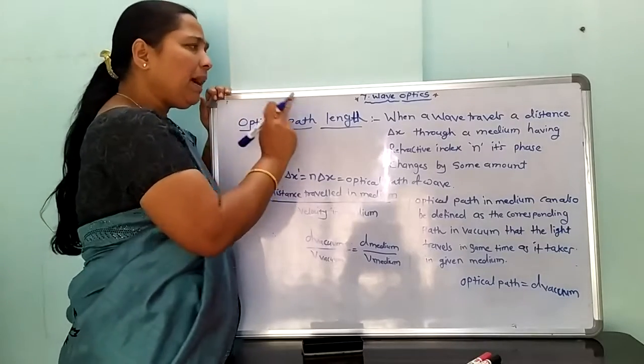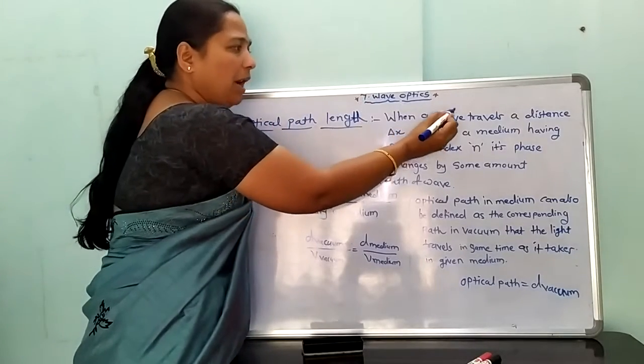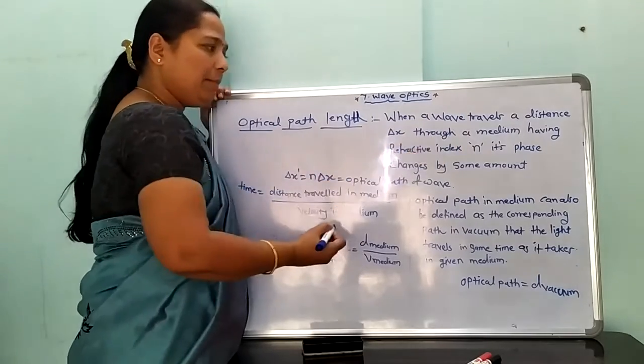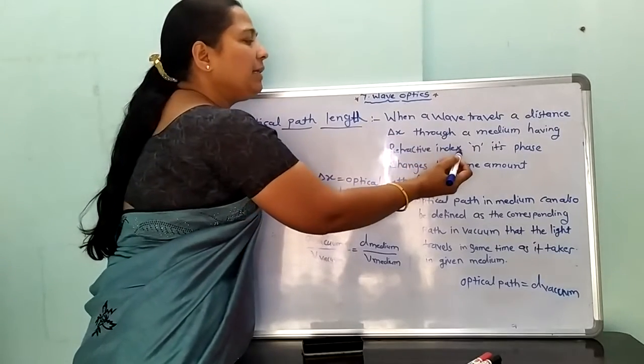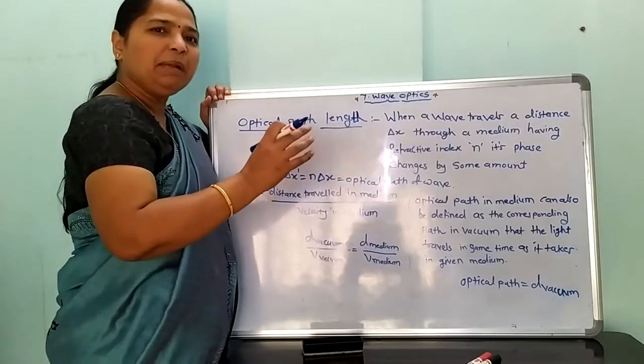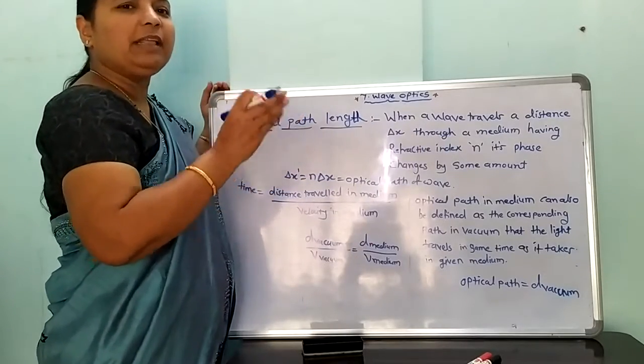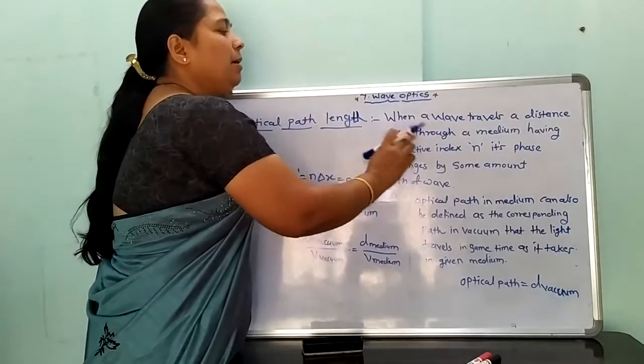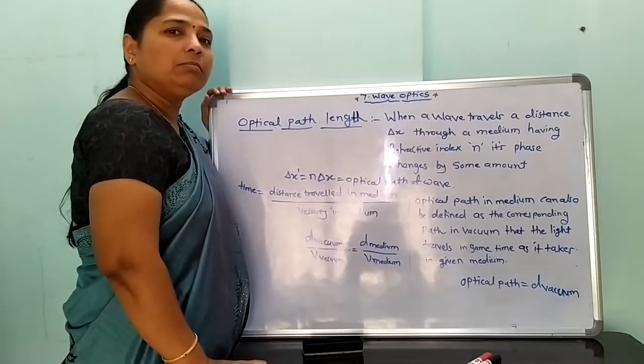But for optical path length, a wave travels a distance delta x through a medium having refractive index n. Consider a medium with a wave traveling through it, whose refractive index is n. Its phase changes by some amount.